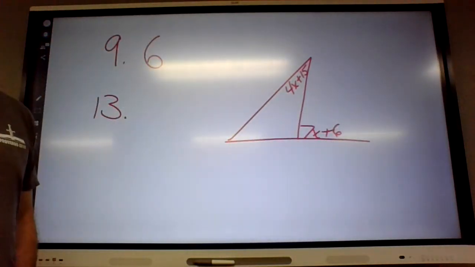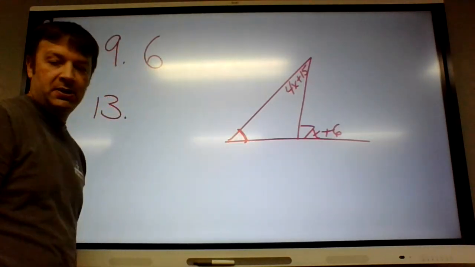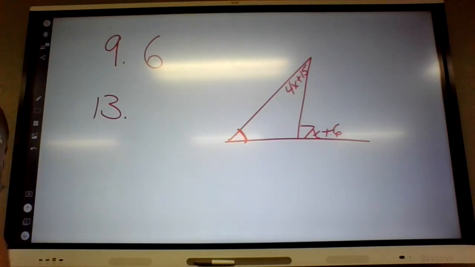So on 13 it says find angle B. So that is this one right here, angle B, if angle A is 59 degrees.